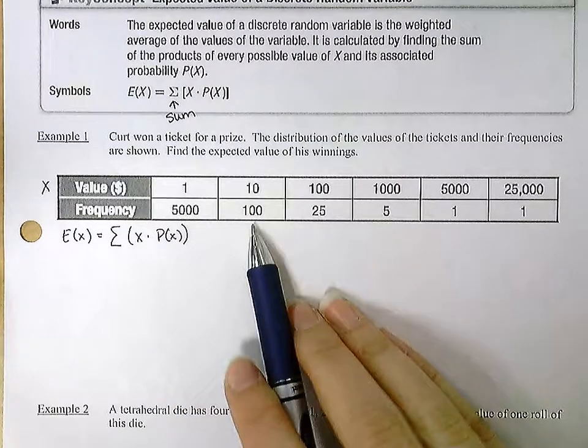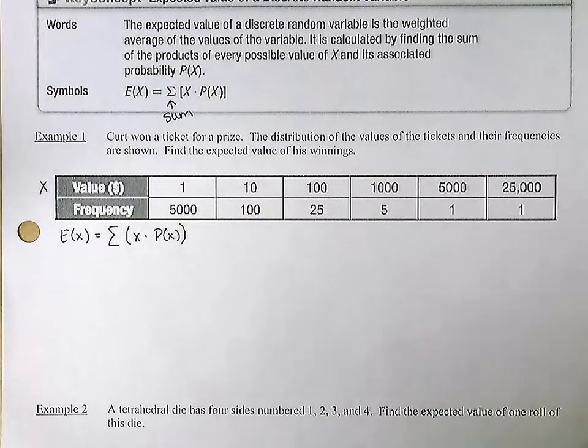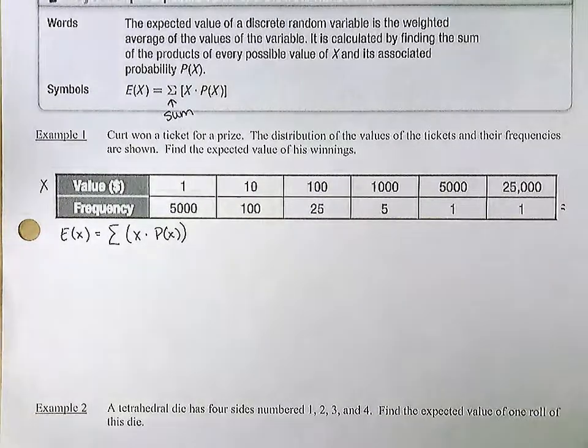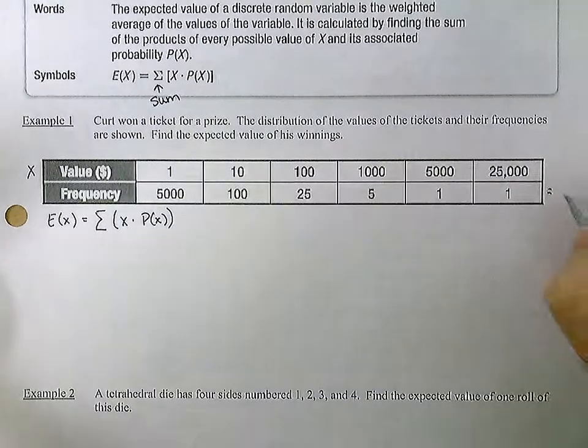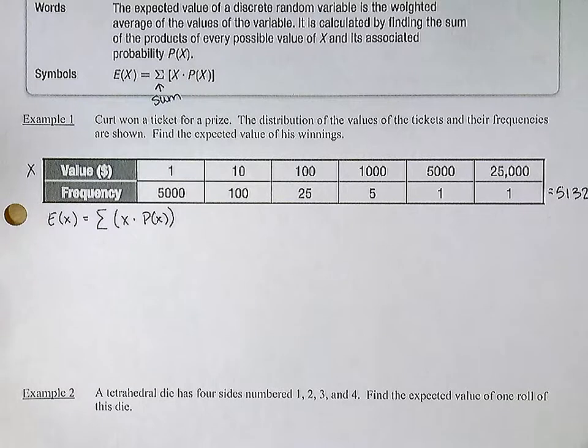So 5,000 plus 100 plus 25 plus 5 plus 1 plus 1 is 5,132.